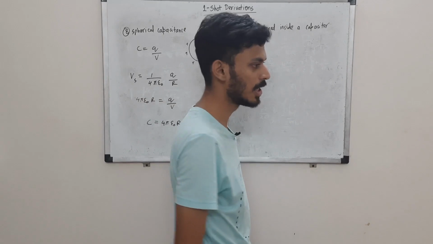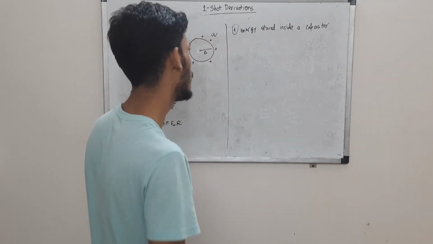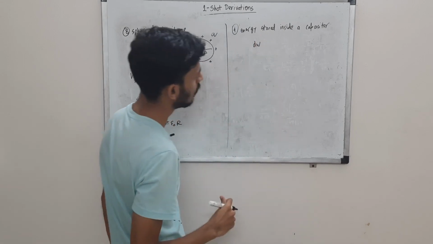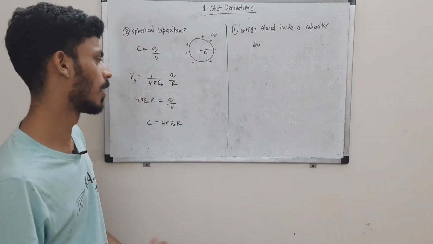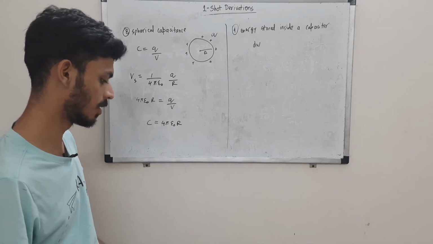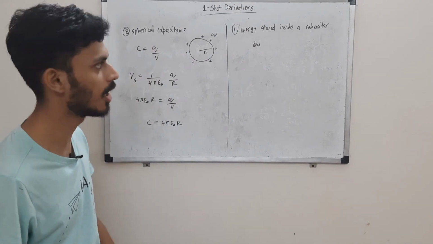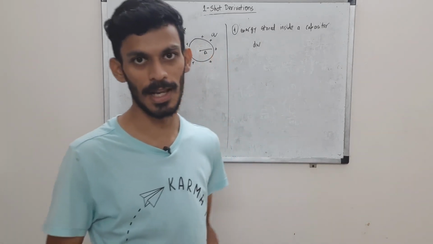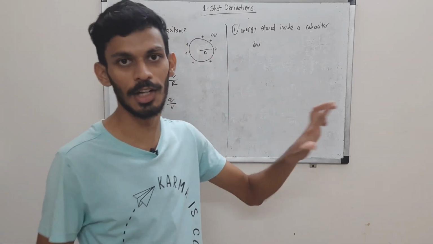Let's come to energy stored in a capacitor. As I've repeated it 100 times, the work done will result in energy, the potential energy in the capacitor. How is the work done? The work done is done by storing charge on the capacitor. There is already some charge on the capacitor.